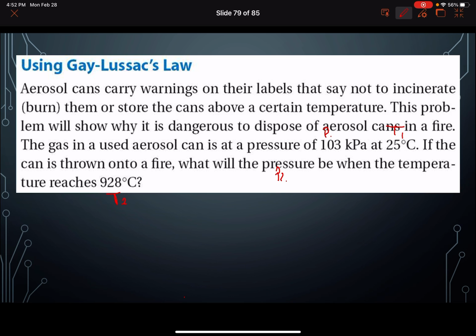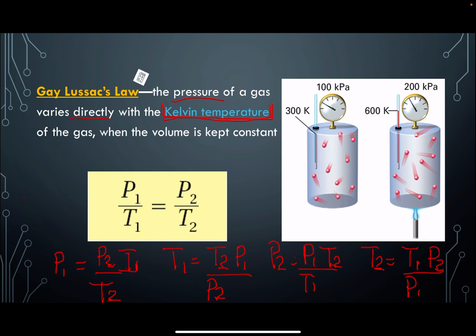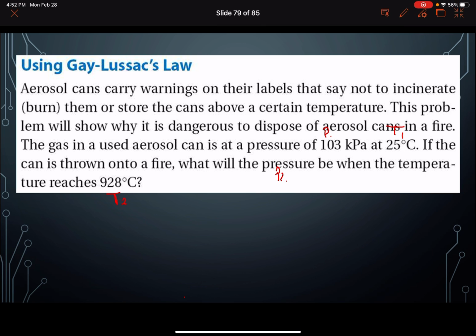The first thing we have to do is convert those temperatures out of Celsius and into Kelvin. We can't use Celsius for gas laws. If you go back one slide, it says the pressure of the gas varies directly with the Kelvin temperature, not with the Celsius temperature. So temperature 1 equals degrees Celsius plus 273.